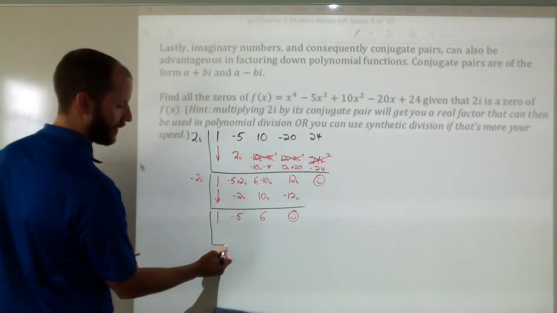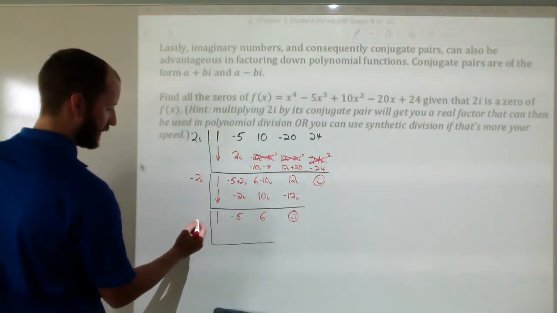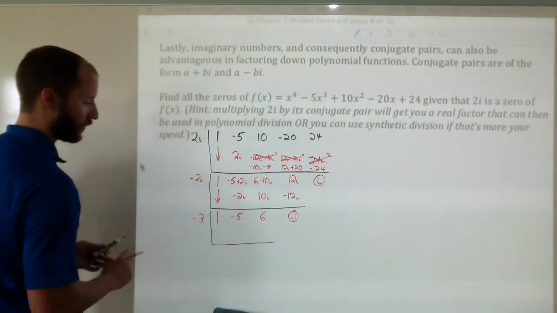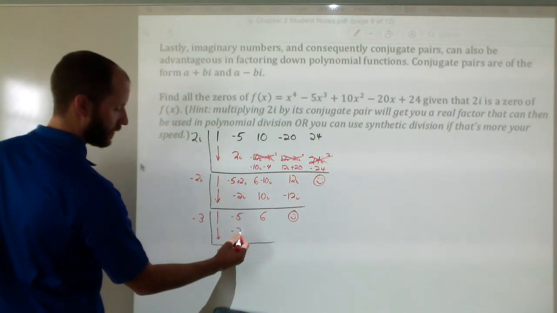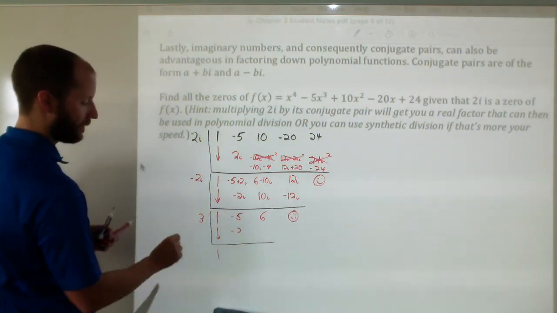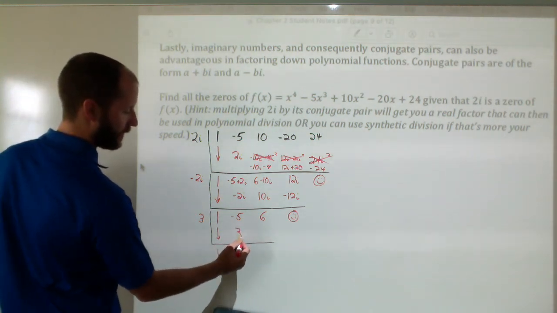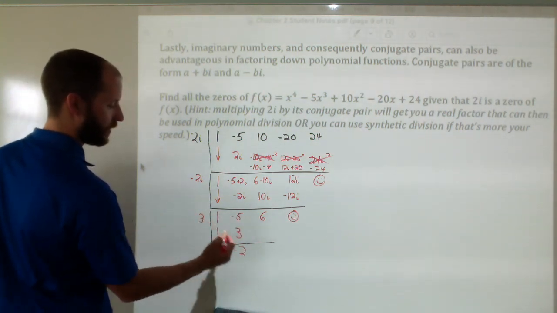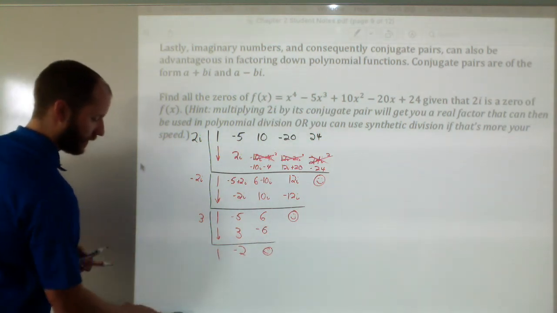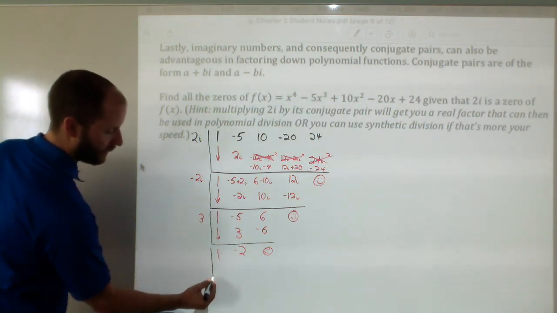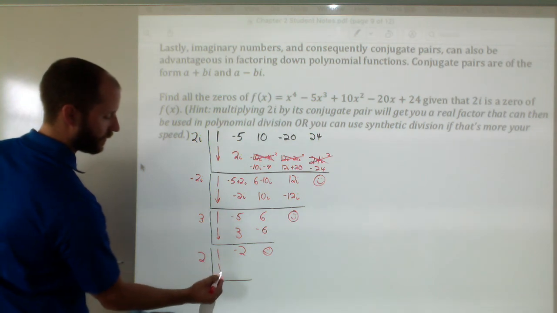I'm just going to take this a little bit further. I'm going to put a negative 3 here. 1. Nope, my bad. Positive 3. Positive 3 here. Negative 2. Negative 6. And then lastly, put a positive 2.